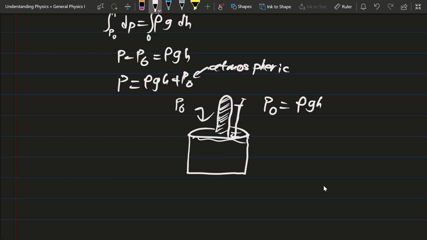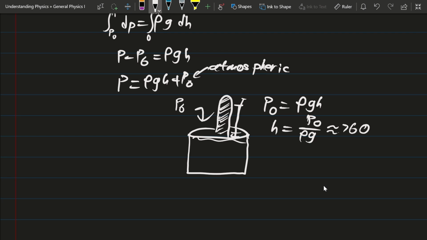So, for example, if you have P0 from the outside, that means that the rho gh should be the same amount. So the h should be P0 over rho g. And I believe this value is about 760 for 1 atmosphere.